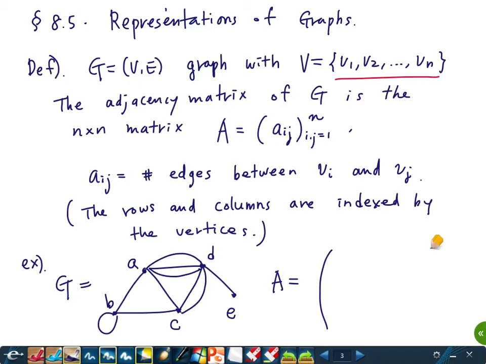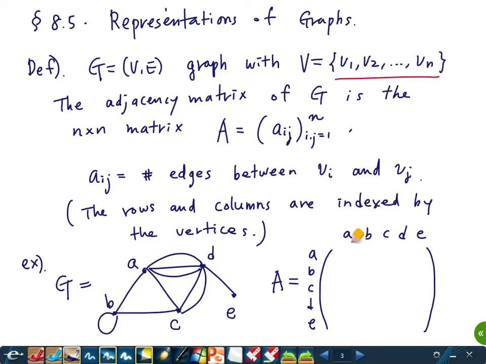It's a 5 by 5 matrix. Think of the rows indexed by the vertices A, B, C, D, E, and the columns also A, B, C, D, E. For each entry here, write down the number of edges between the two vertices.